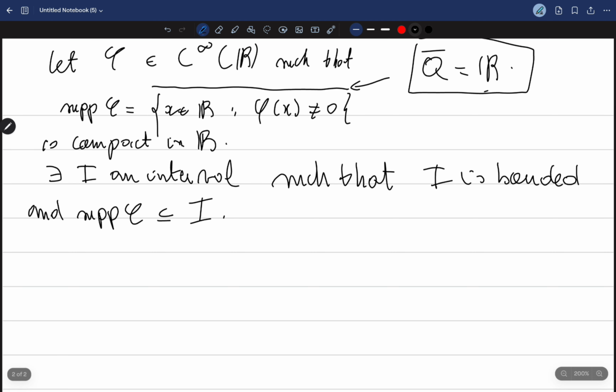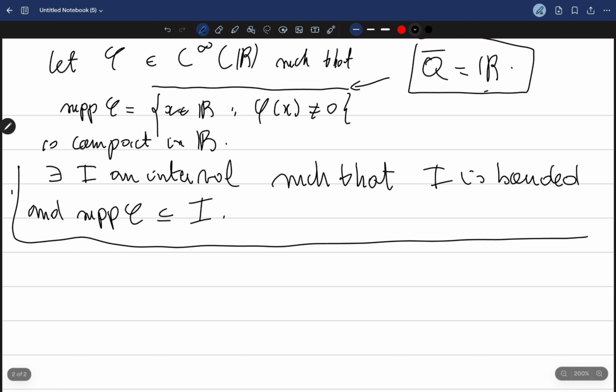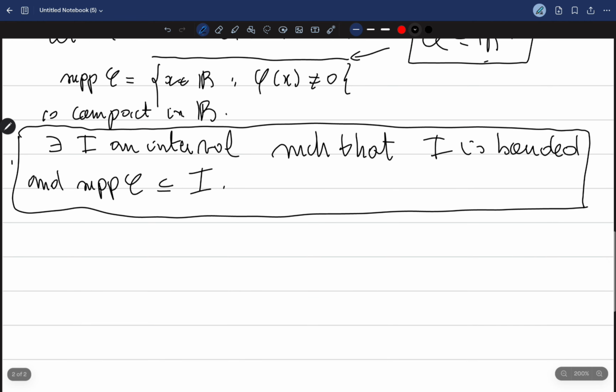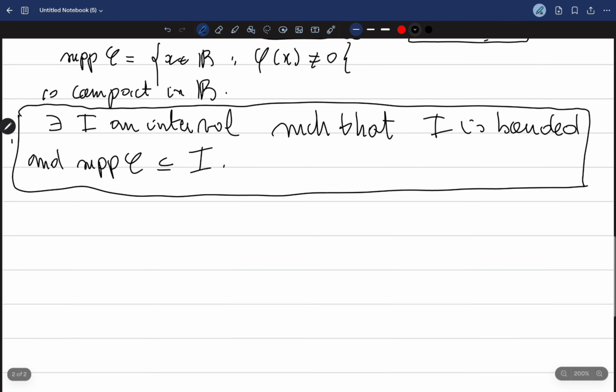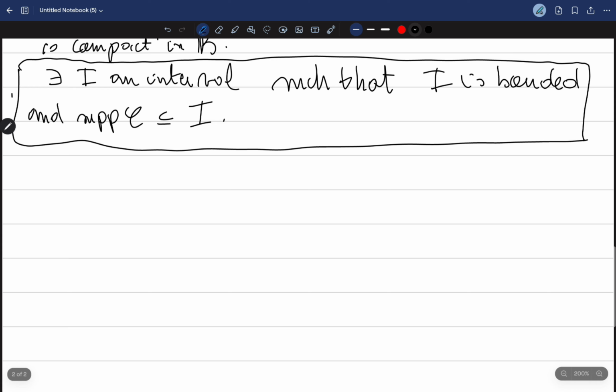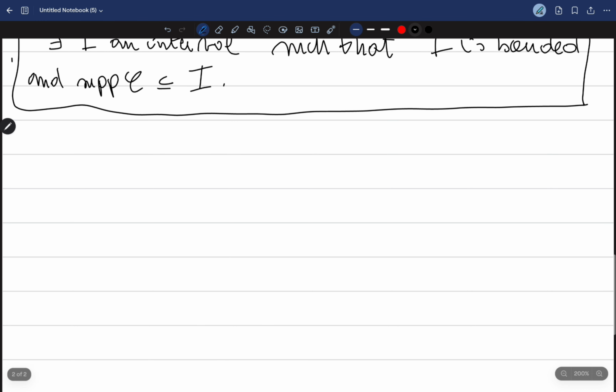So that's why I said this is just the definition of boundedness. Boundedness means that there is an interval such that the support of phi would be included in this interval. So now to find the derivative, we will just use integration by parts.